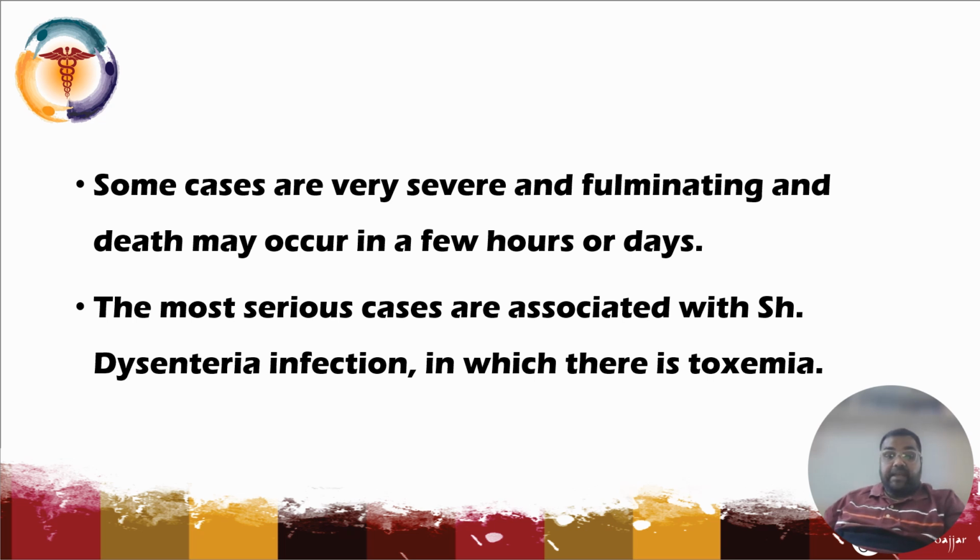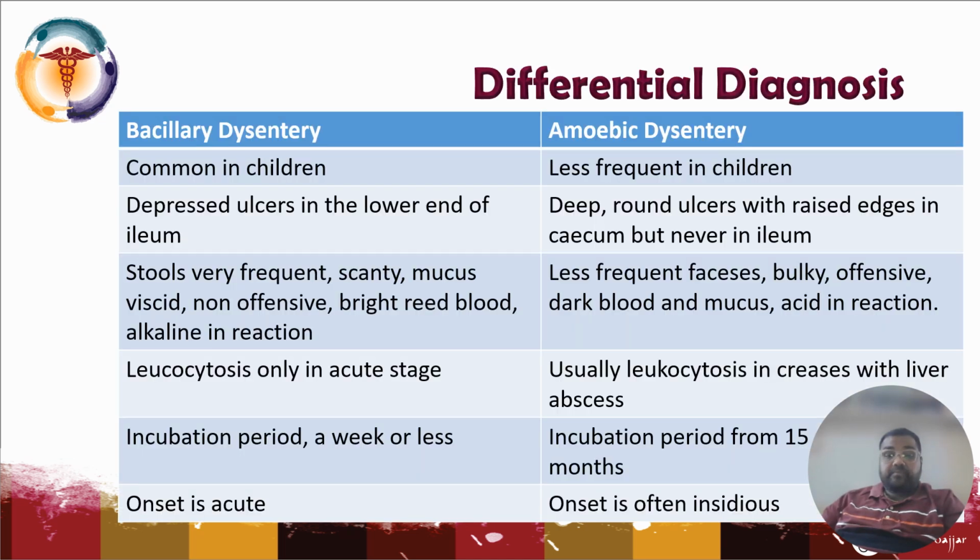Now let's see the differential diagnosis of bacillary dysentery. There is only one, that is amoebic dysentery. Bacillary dysentery is common in children, while amoebic dysentery is less frequent in children.